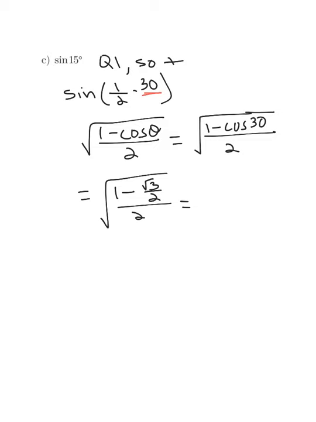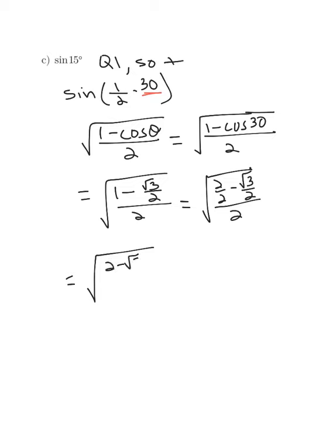Rewrite your 1, just like we did on the last problem. We will have the square root of 2 over 2 minus square root of 3 over 2. All of that is over 2. So we will now have, as our numerator, 2 minus the square root of 3 over a 2. We're writing it as 1 fraction, and all that is over a 2.